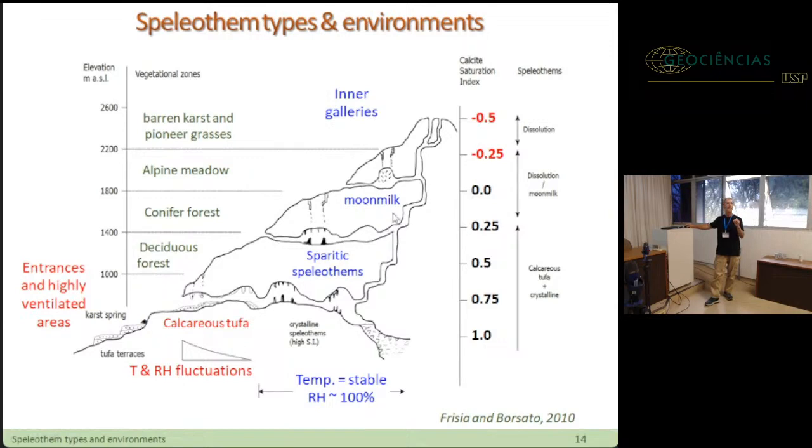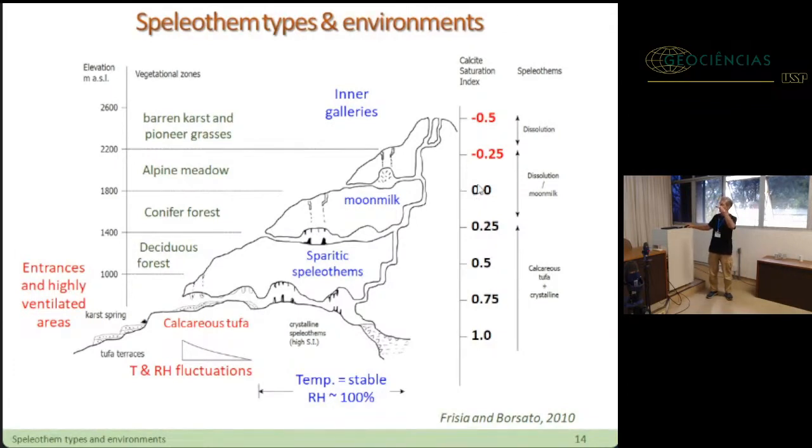And there, at zero supersaturation, we need something more in order to promote calcite precipitation. And this something more is biomediation. So mummy is a product of biomediation of very low supersaturated drip water.